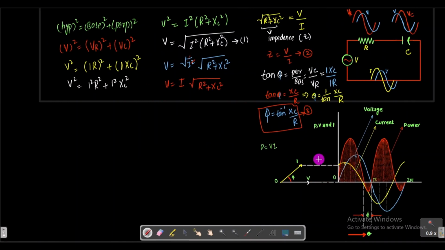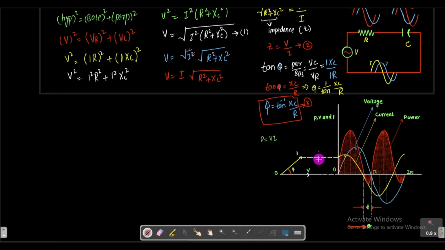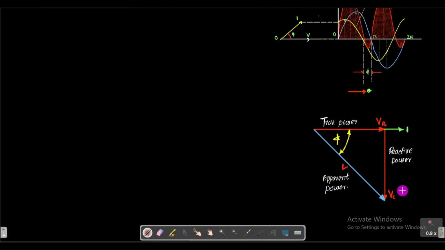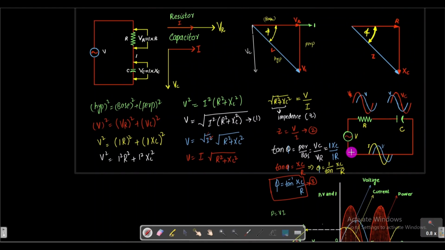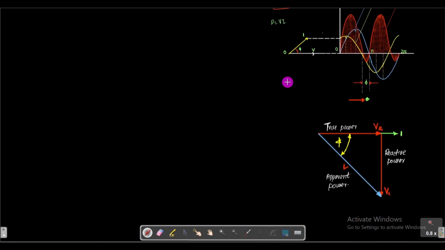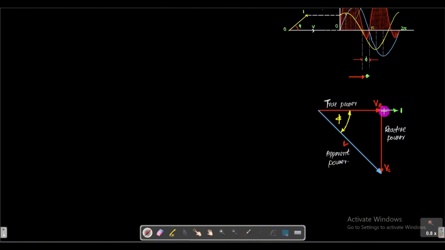Okay, so the average power in this case. We have this other diagram here, which is actually the same diagram. If you see carefully, we have VR, VC and V, and we have the phase angle phi.